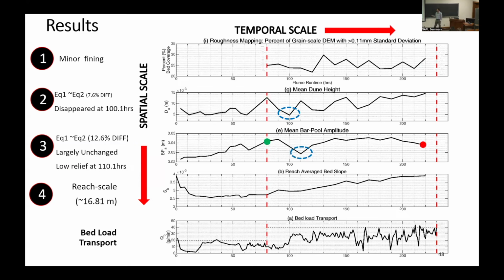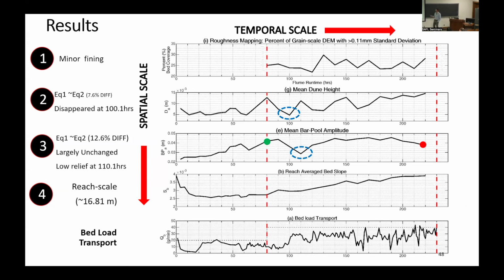If we look at the mean bar pool amplitude, that's the next larger spatial scale that we might be looking at. We see that the bar pool amplitude also declines, but in this case about 10 hours after the minimum of our dune amplitude.